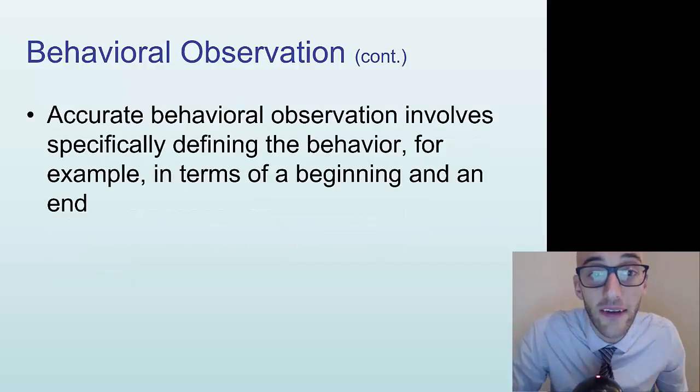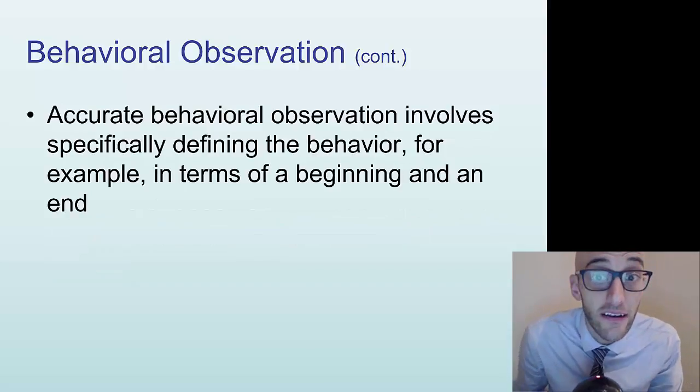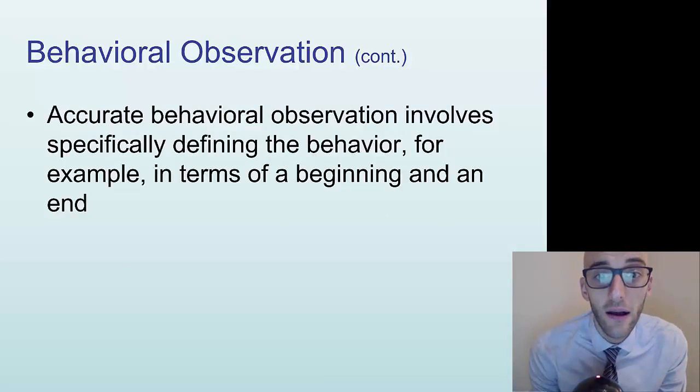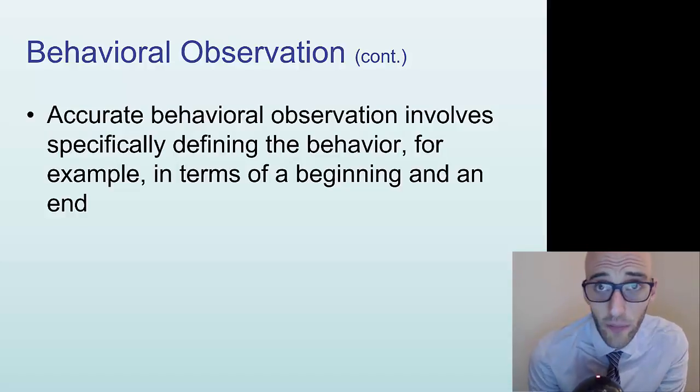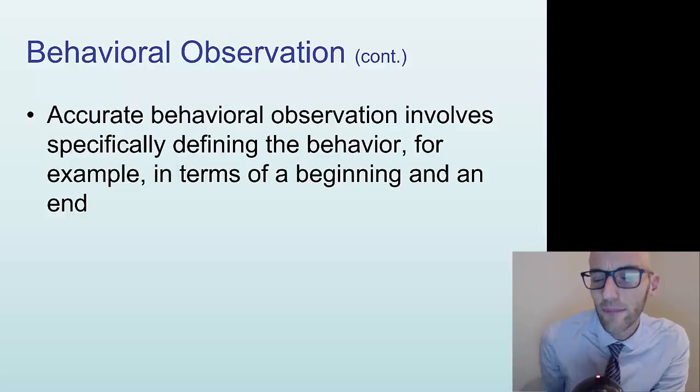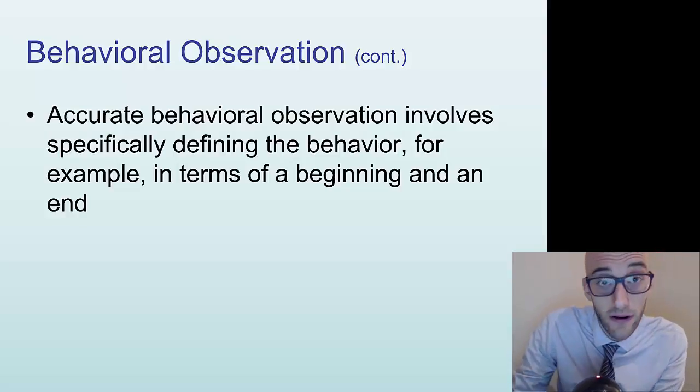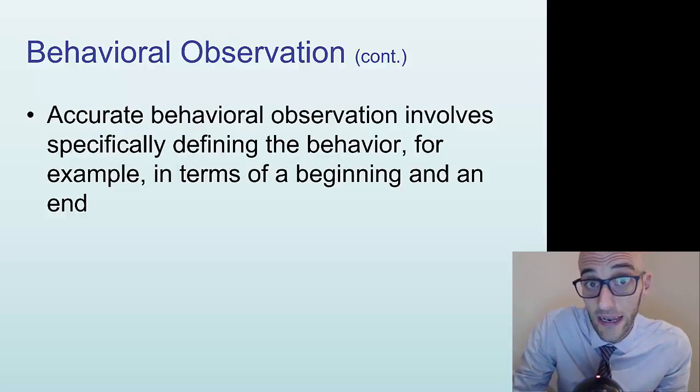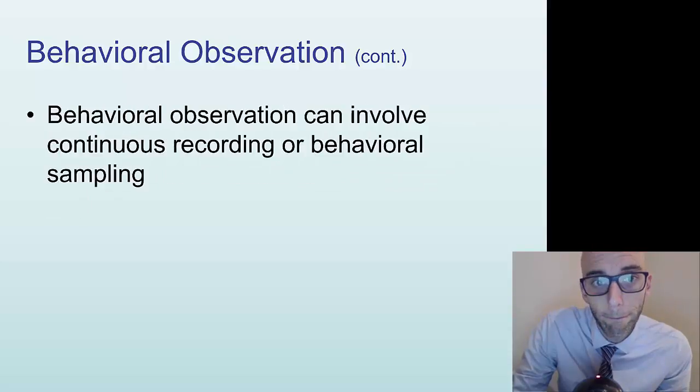An accurate behavioral observation involves specifically defining the behavior in terms of a beginning and an end. A clear beginning and a clear end might be something really simple if it's a cigarette smoked, but it might be a little bit more complicated if it's something like sleep, where it's hard to get a more specific start and end time. But there are certain steps that we can do to try to get as close to it as possible.